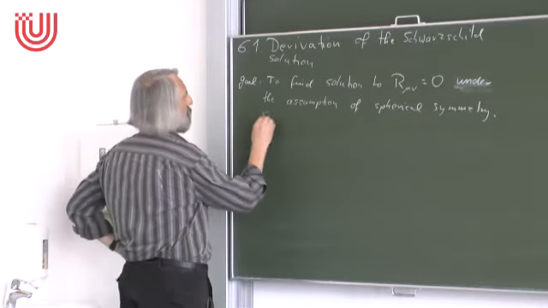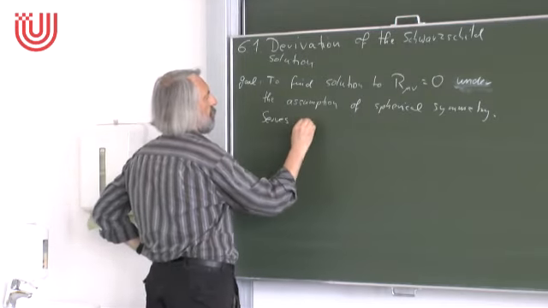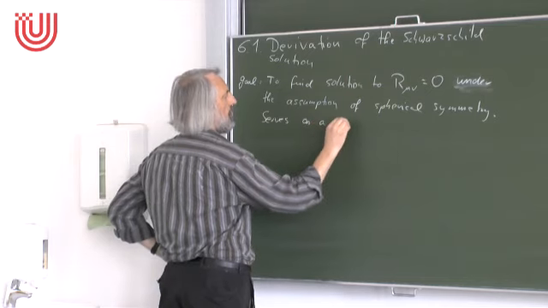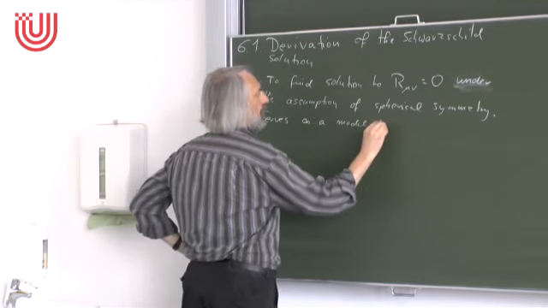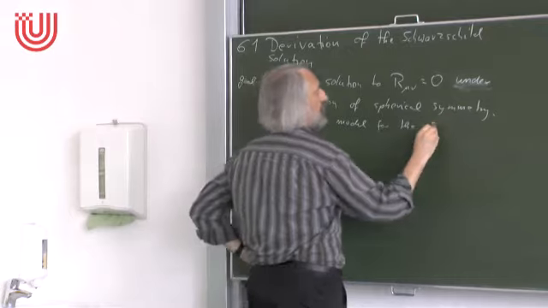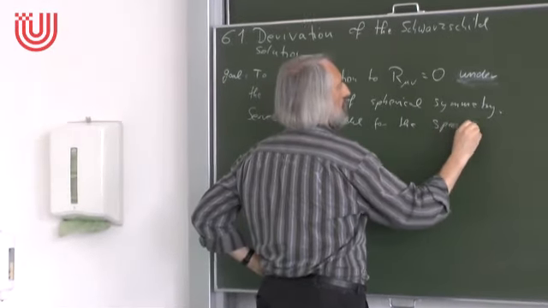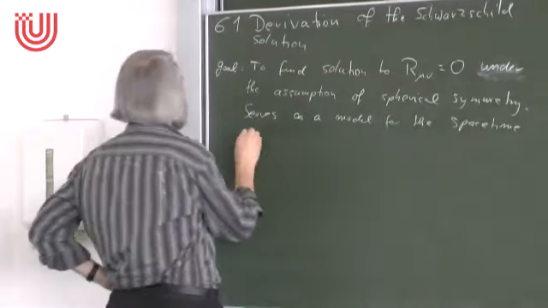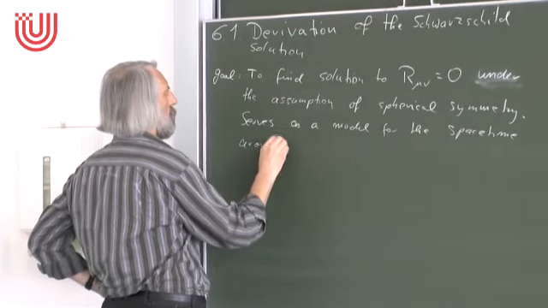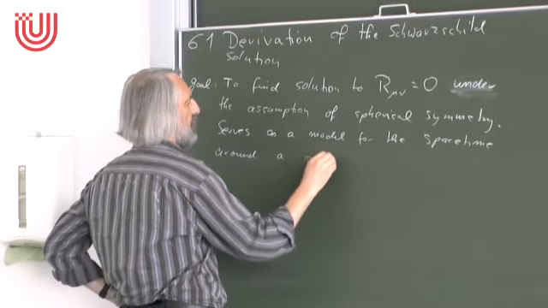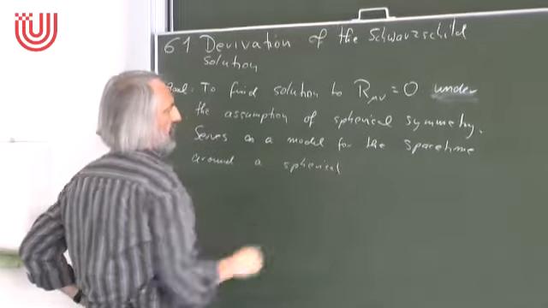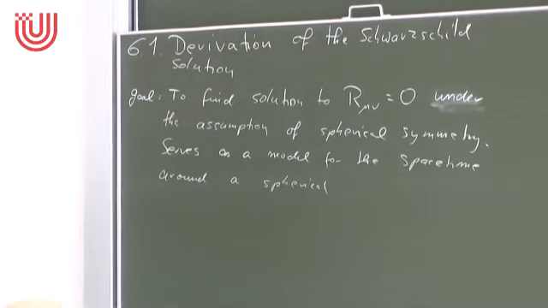So the goal is that this serves as a model for the space-time around a spherically symmetric star or some other celestial body. So you may think of the sun. It's a good model for the sun.